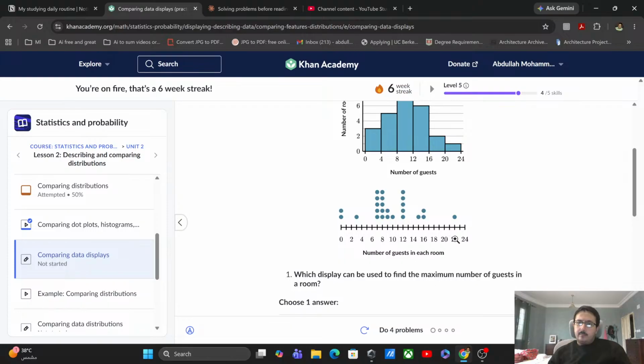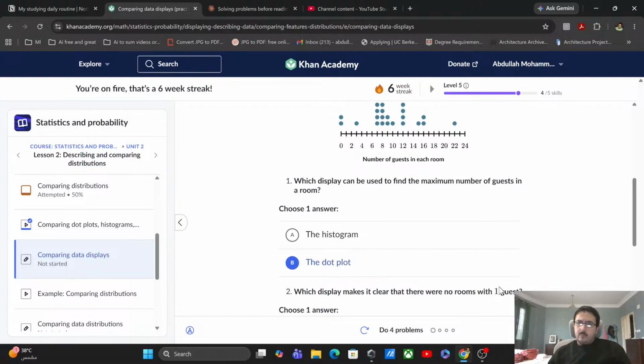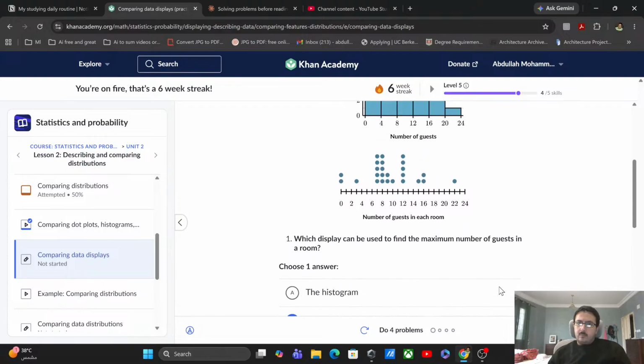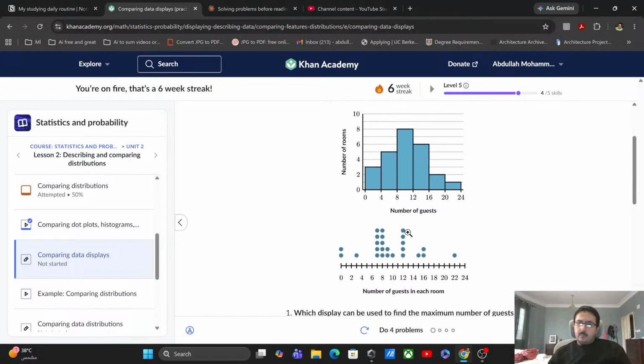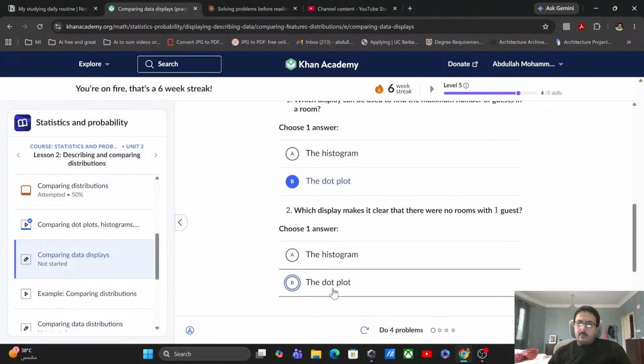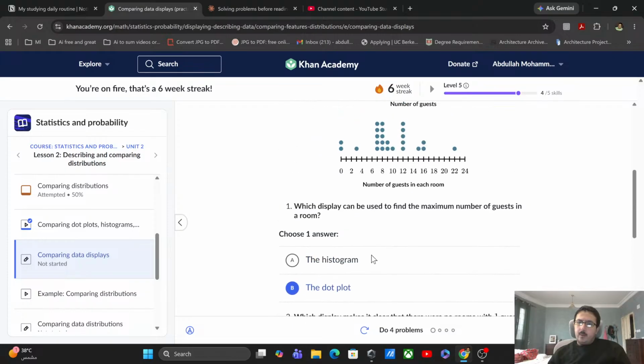It makes it clear that there were more rooms with one guest.